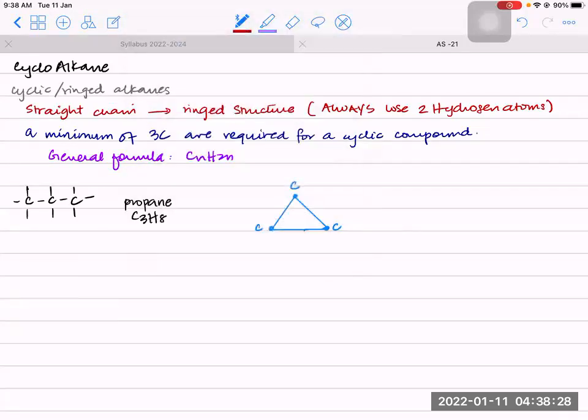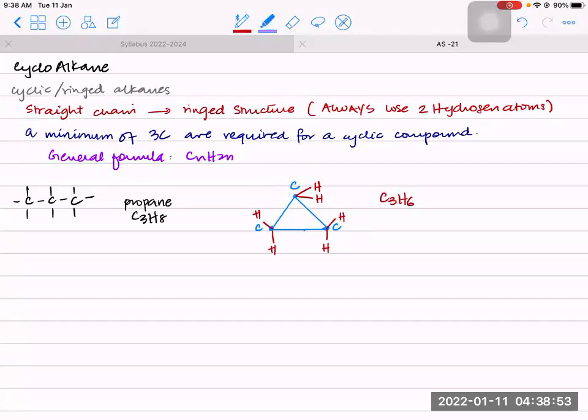Now, if you see, this carbon has 1 bond, 2 bonds, so the third and fourth would be hydrogen. The same for each of the other carbons. Do you see this has become C3H6?